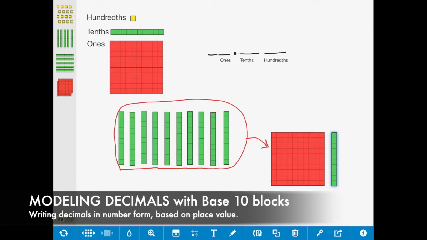I notice I have 0 squares, which represents 0 hundredths. I have 1 rod, which represents 1 tenth, and I have 1 flat, which represents 1. So the decimal form for 11 tenths is 1.10.